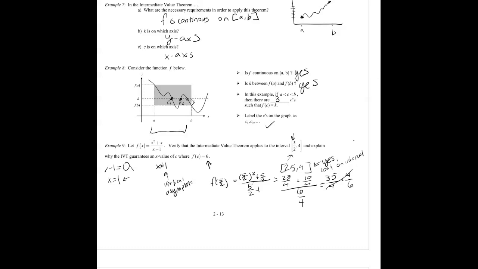So then the 4's cancel out, leaving just 35 over 6. Alright, and then I'm going to plug in 4. So then I've got 4 squared plus 4 all over 4 minus 1, which should be equal to 16 plus 4 all over 3, which should equal 20 over 3.